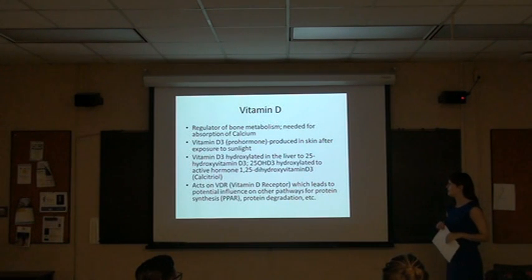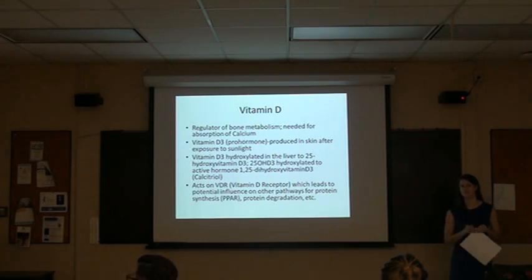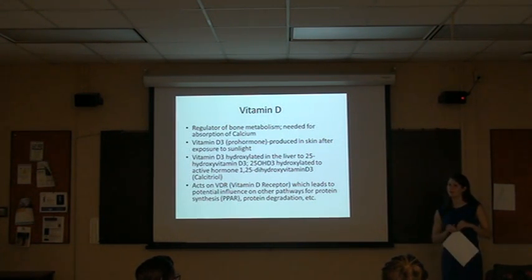Vitamin D3 is hydroxylated in the liver to 25-hydroxyvitamin D3, and 25-OHD3 is then hydroxylated to the active hormone, 1,25-dihydroxyvitamin D3. That acts on its very important receptor, the vitamin D receptor, or VDR, which leads to potential influence on other pathways for protein synthesis and protein degradation, those other downstream effects we were talking about.